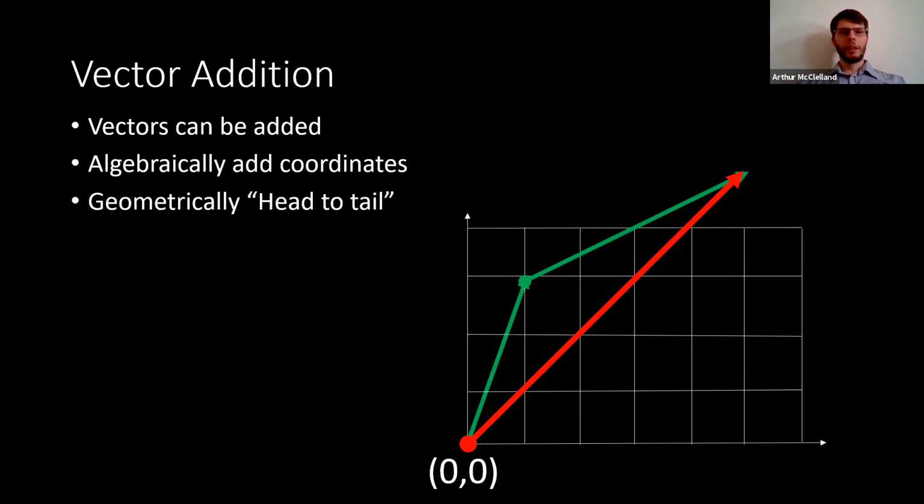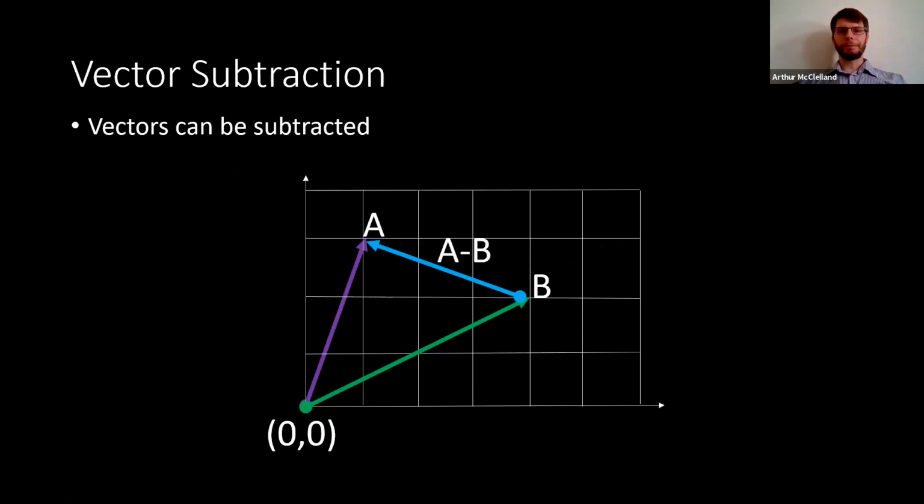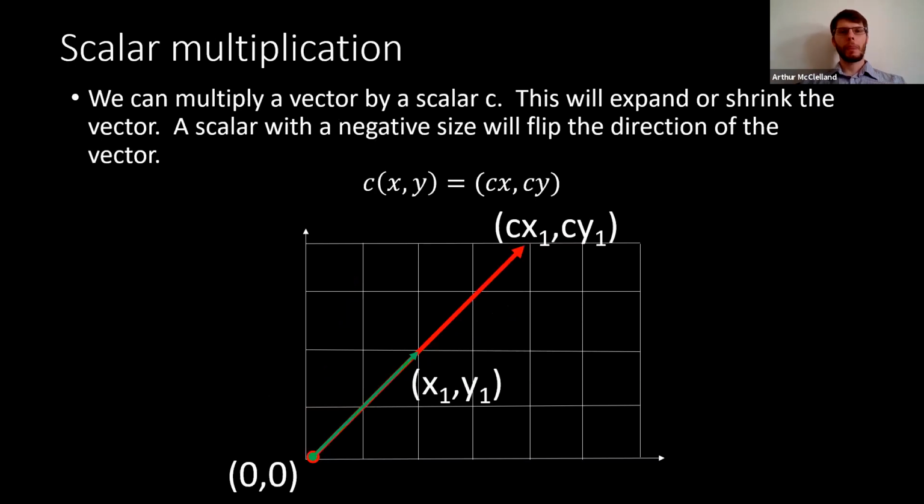So that's a nice geometric graphical representation of that. We can subtract vectors, doing head-to-head, and then translating back, sort of the inverse process.